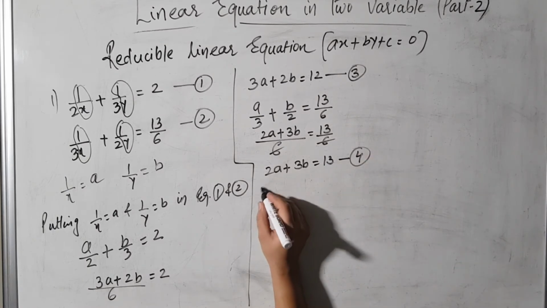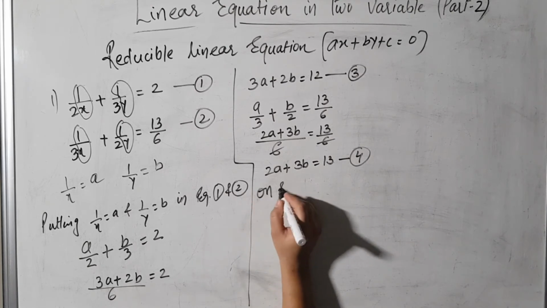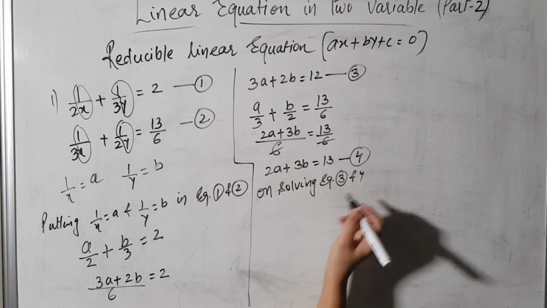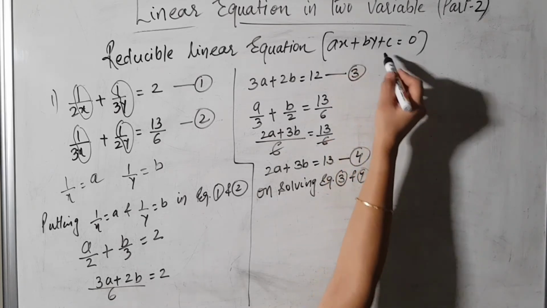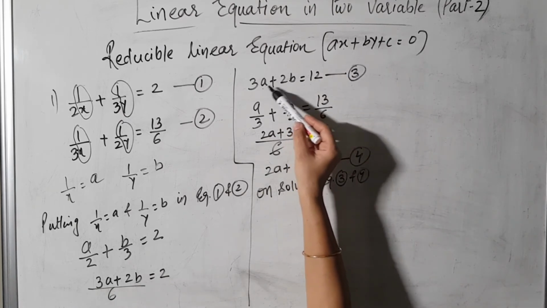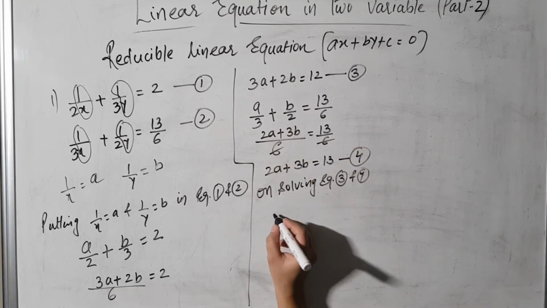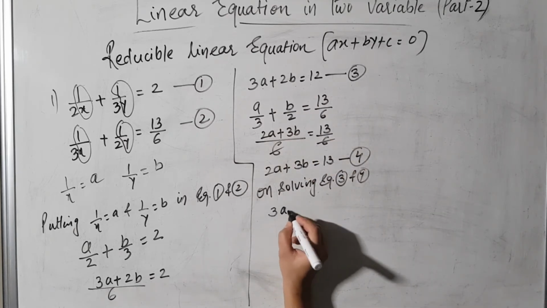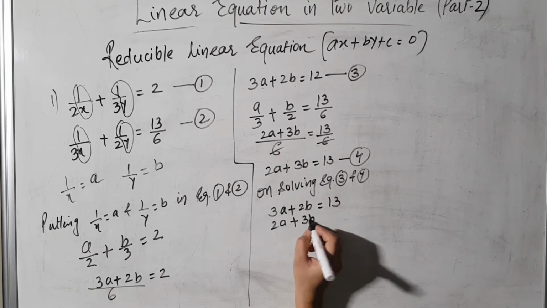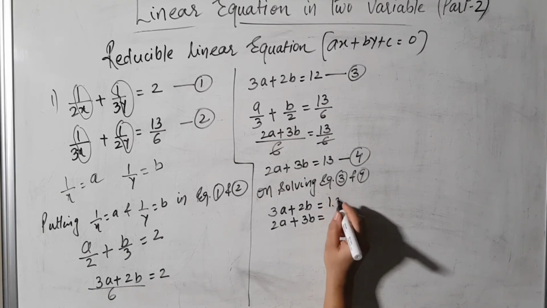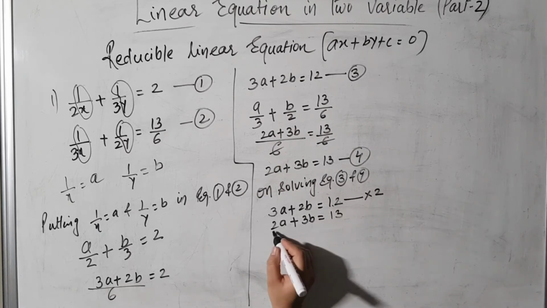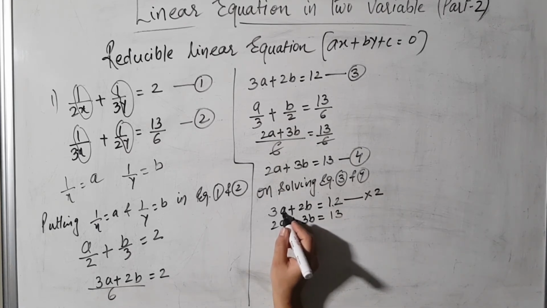Now we solve equations 3 and 4. Now you will see equations 3 and 4 have come in this form. There the variables were x and y, and here the variables are a and b. So we'll solve these two linear equations. So 3a plus 2b equals 12 and here it is 2a plus 3b equals 13. We'll multiply this equation by 2, because the coefficient of a is 2 here and the coefficient of a is 3 there.